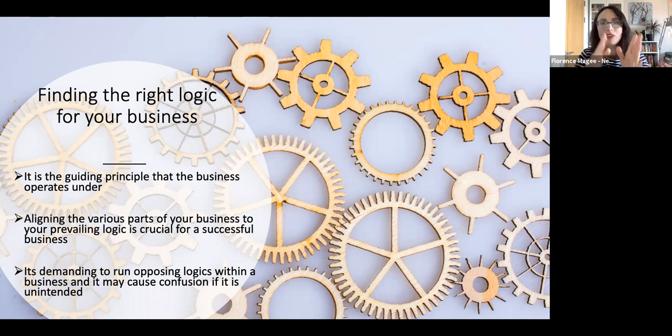But let's say something like Chanel has a very different logic than Amazon. Amazon is convenience and choice. Chanel is luxury and quality. So they are very different logics, they operate differently. If you operate different logics within your business, it is very demanding, it's counterproductive, and you might not get the benefits from your efforts.